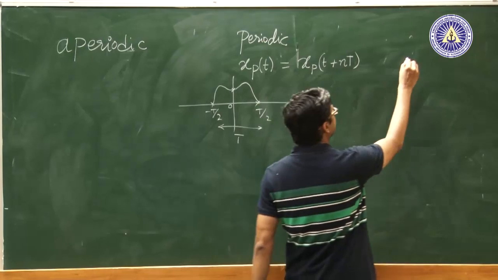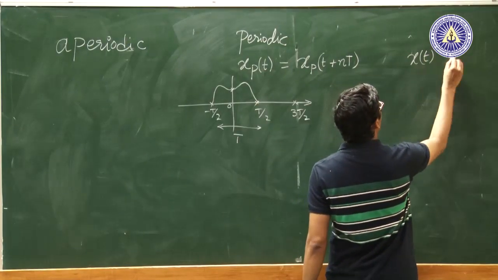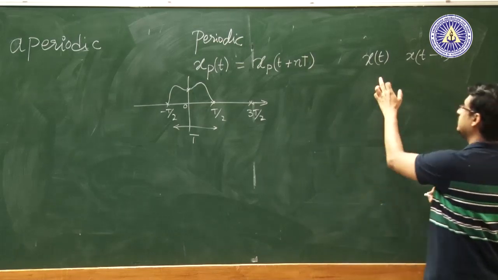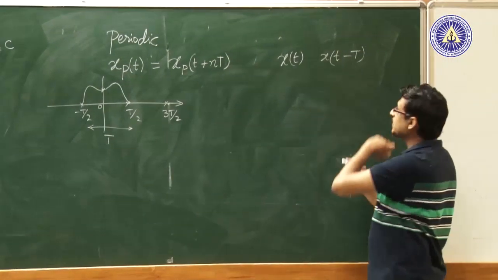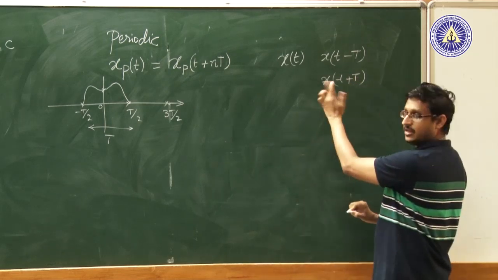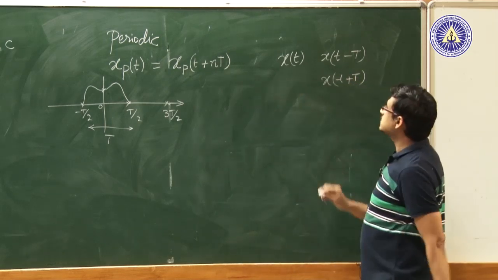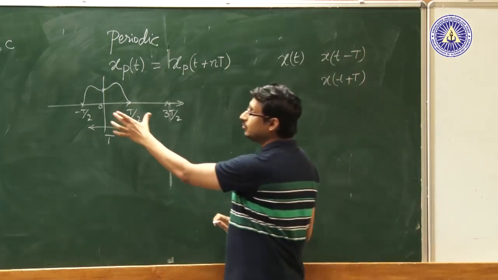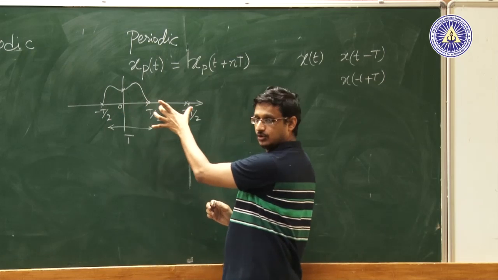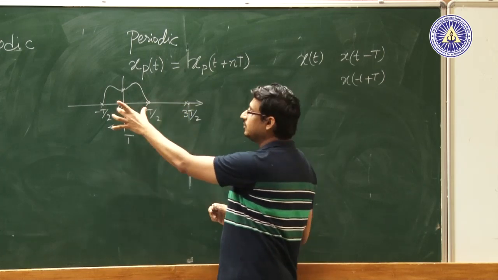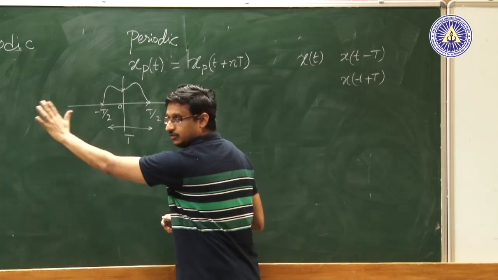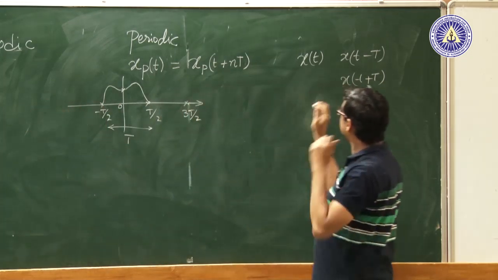If you have a signal which is x of t, then x of t minus T will be a signal which has been delayed by T units, and x of t plus T is a signal which has been advanced by T units. So, this delay would correspond to taking this signal entirely and then pushing it to the right, and advancing it would mean taking this period and pushing it to the left. So, that is what these symbols mean.